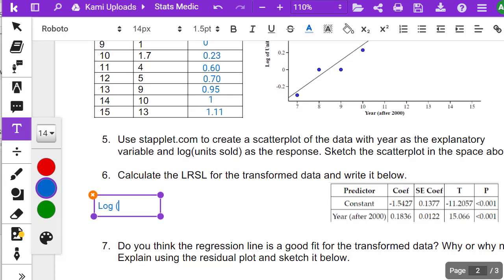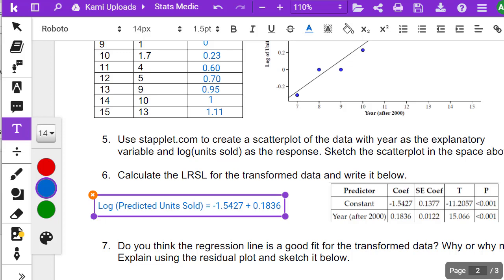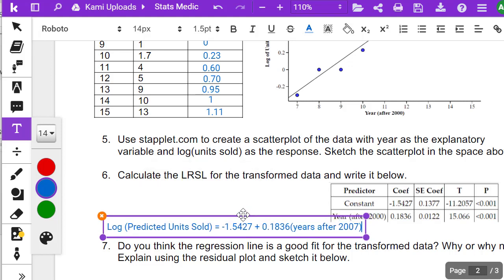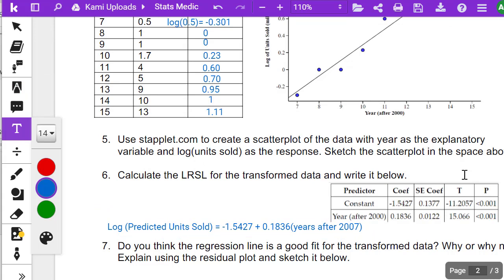Log of predicted units sold equals, and our intercept is negative 1.5427 plus 0.1836 times years after 2007. All right, and I'll put that down there. So that is your equation.